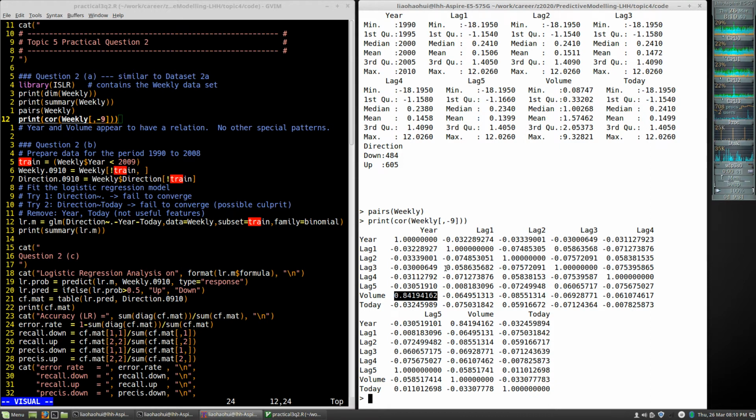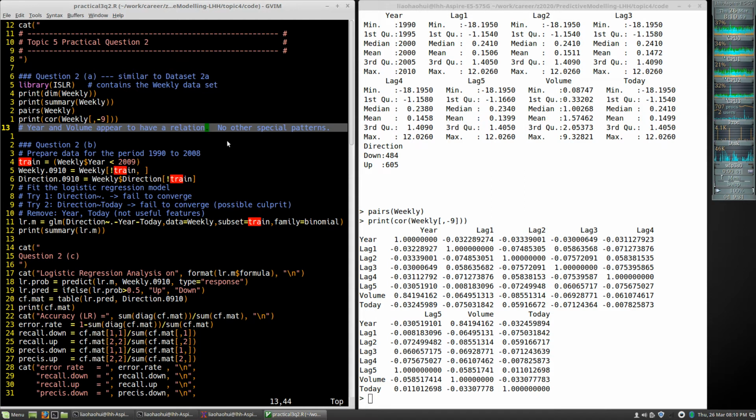So we don't see much correlation. Only Year and Volume are related, with no other special patterns. That is more or less part A.